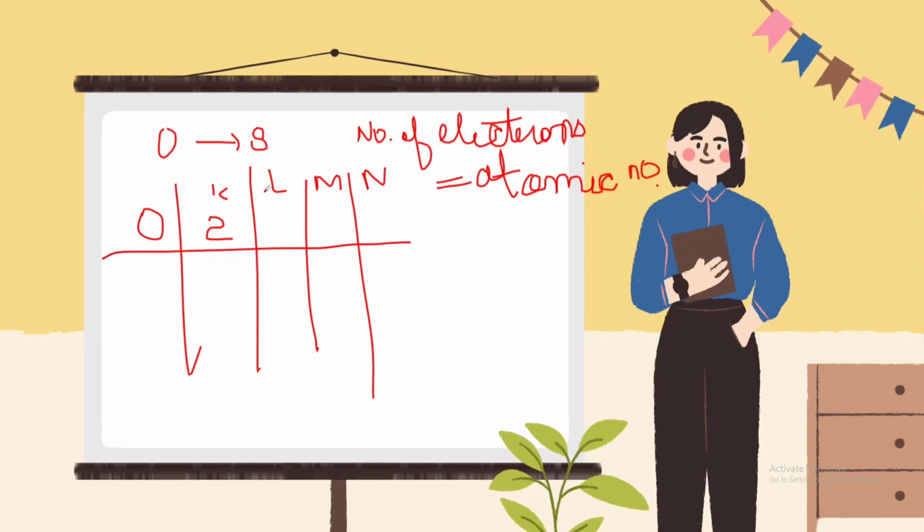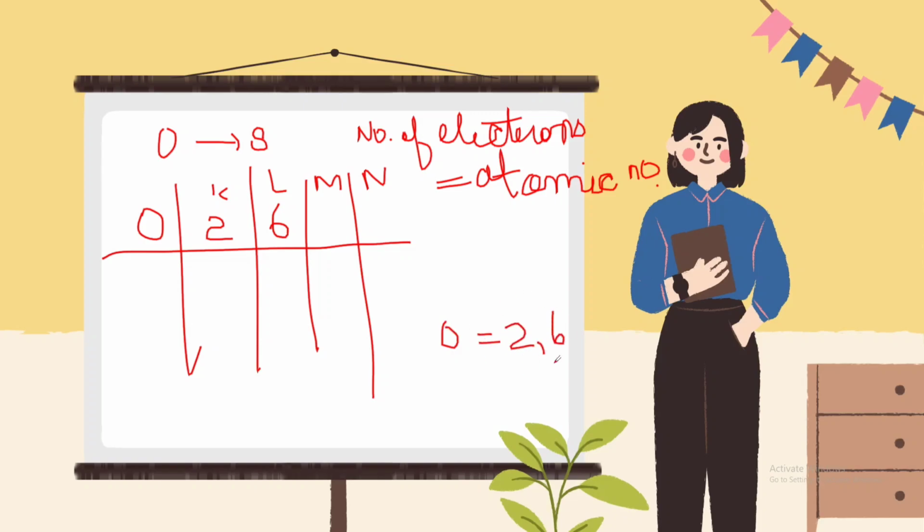In the L shell, we will write the remaining electrons, but note that only 8 electrons can come in this shell. So we have 6 electrons left, so that will be fine. We can write 6 electrons. Okay, so the electronic configuration for oxygen will be 2, 6.